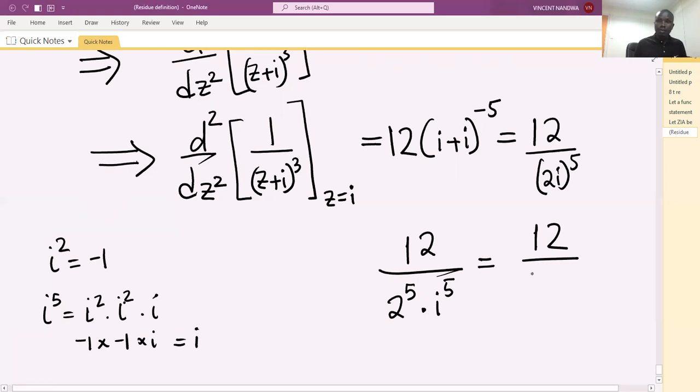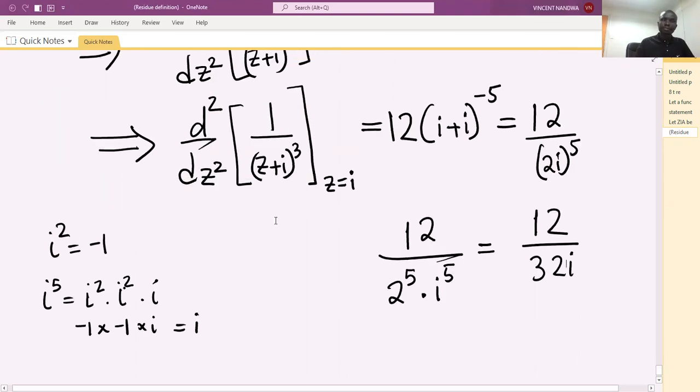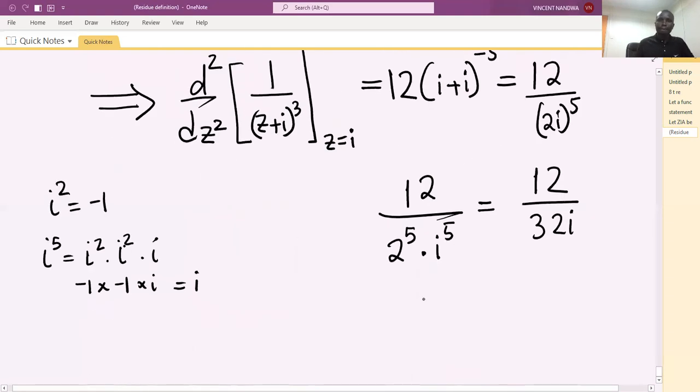So that's 32i. And then 12 over 32, we get 3 over 8i.